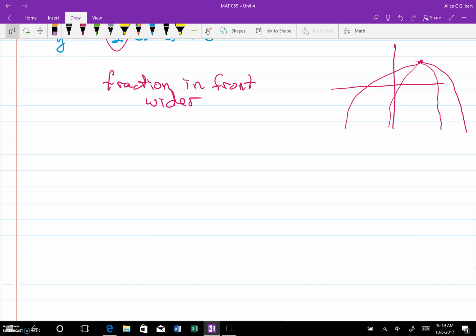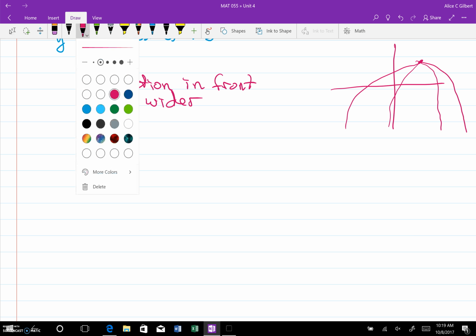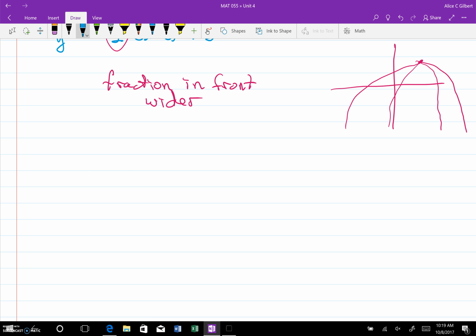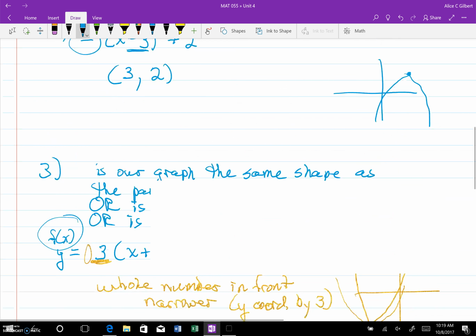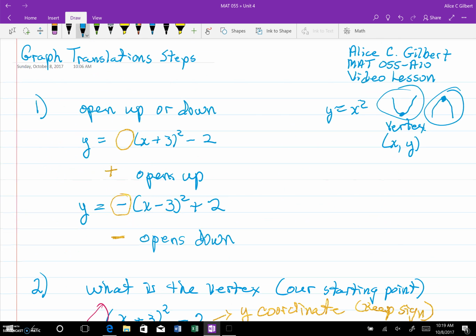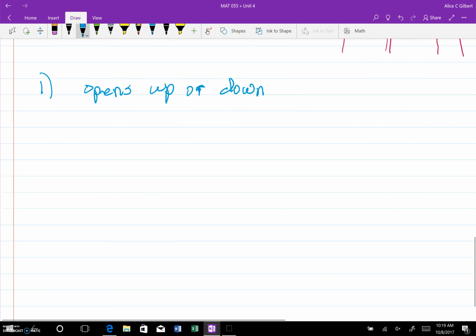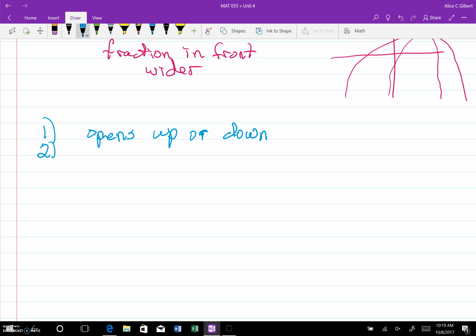So again, let's go through real quick what the rules are. The first thing you want to figure out is whether it opens up or down, if I could only spell this morning. All we need to worry about is the sign in front. The second thing we need to figure out is, what is the vertex?